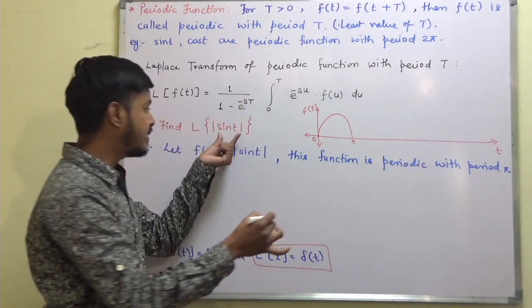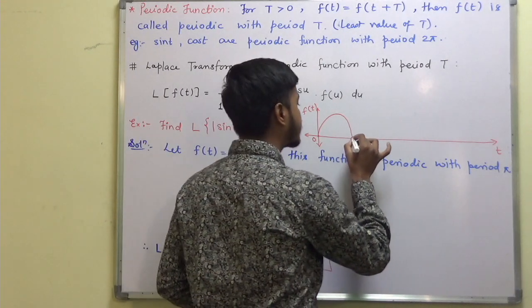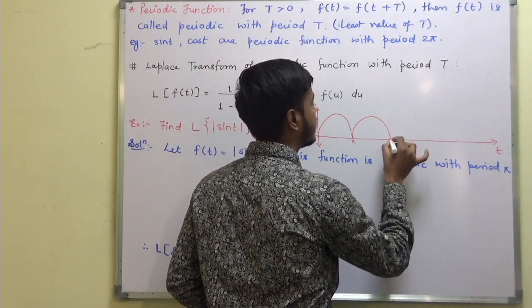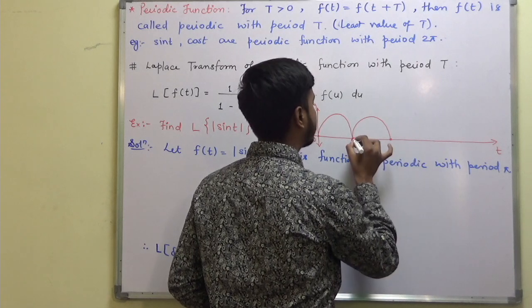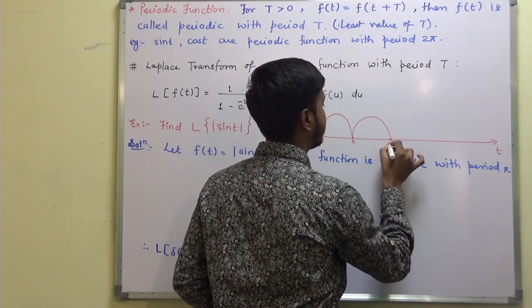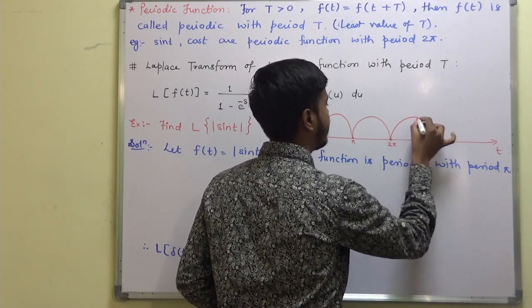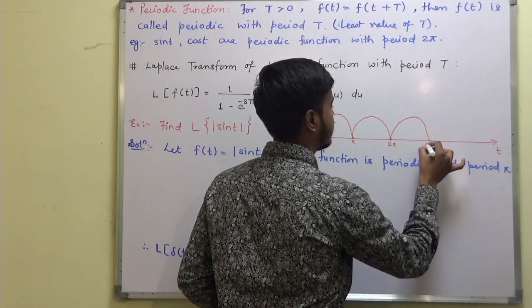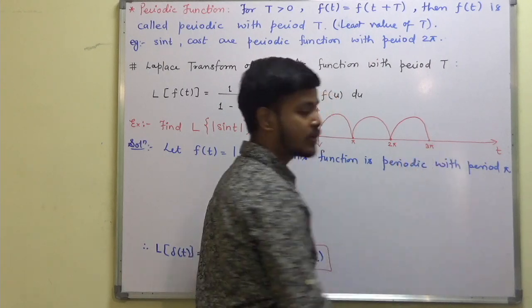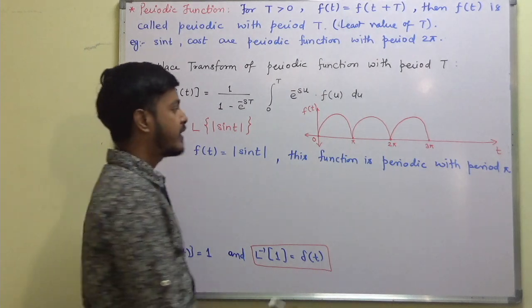But we have the modulus of that, so all the values would be positive and this function would look like this, and then this, and so on.